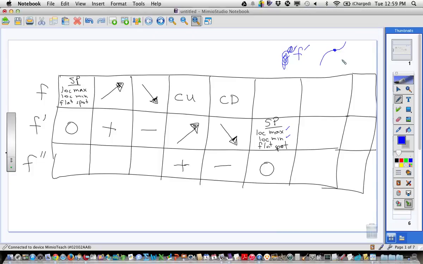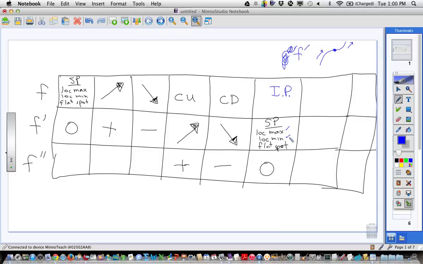On the left, you've got F prime going up, and on the right, you've got F prime going up. So that means you've got F double prime 0, but on the left, F prime is up. On the right, F prime is up. So is there a change in concavity? No. So we can't put inflection point in here just because F double prime is 0.